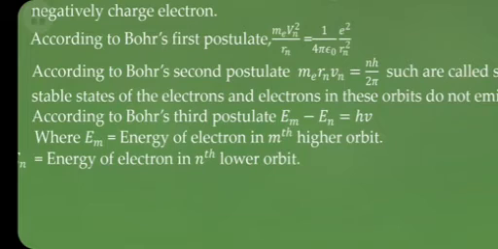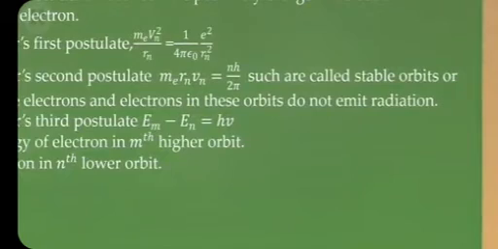How? Because the formula we have studied is I omega, where I is the moment of inertia, which is equal to mr square, and omega is equal to v upon r. So by using that you will get angular momentum as mrv. Here the angular momentum of an electron revolving in the nth orbit is m_e r_n v_n, and this is equal to nh upon 2 pi.